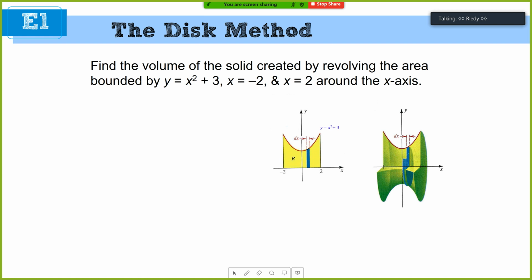So for some of you initially, you may want to do the following. The height of that rectangle is top minus bottom, x squared plus 3 minus 0. That'll become relevant later on when we're not revolving around the x-axis. So that's the height of the rectangle. The area of that rectangle would then be its height times its width.